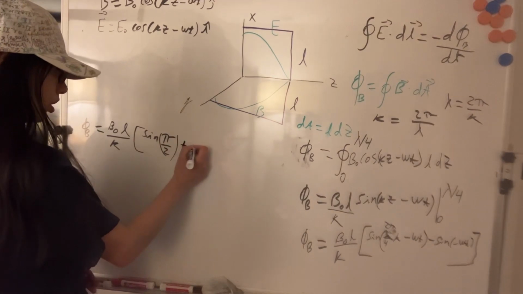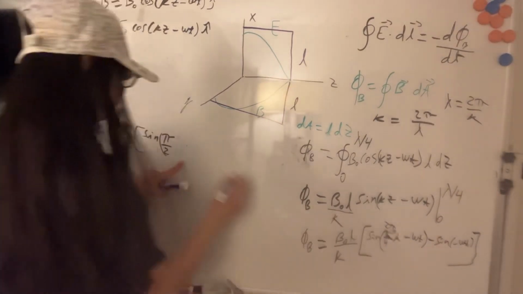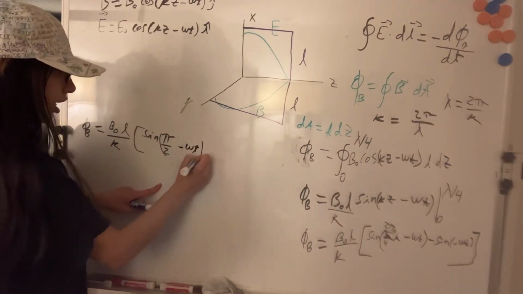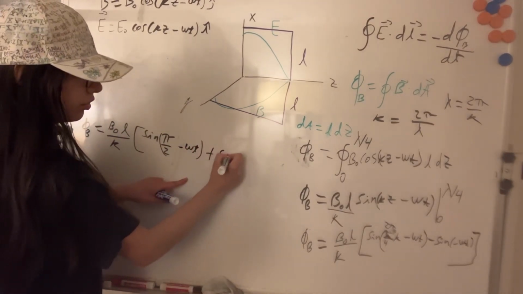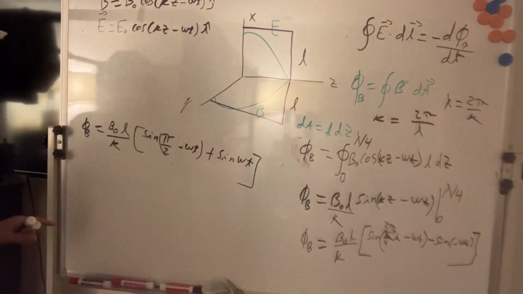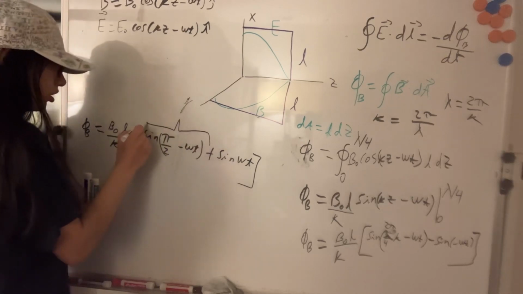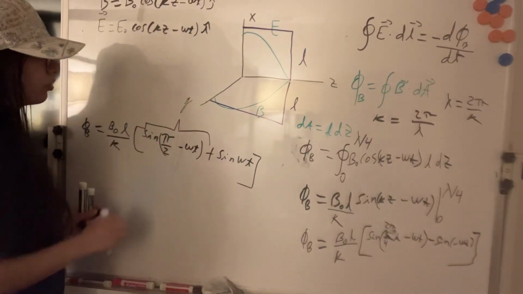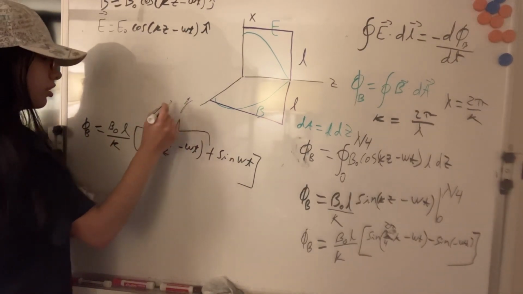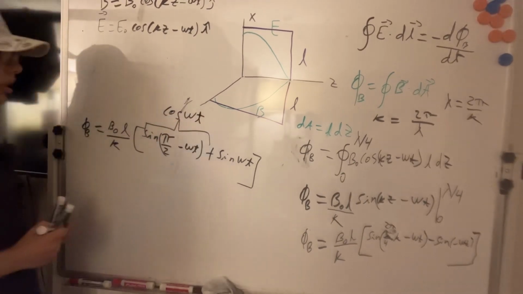So plus sine of omega t. Remember that sine of pi over 2 minus omega t is the same as cosine of omega t.